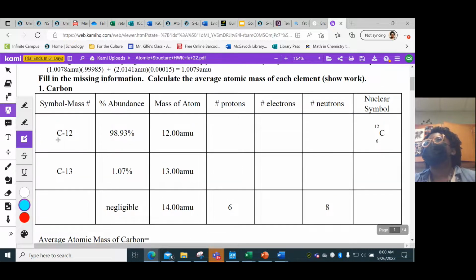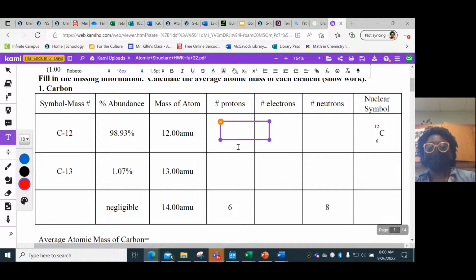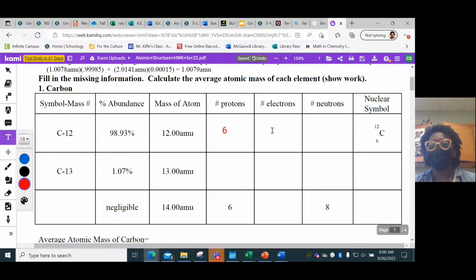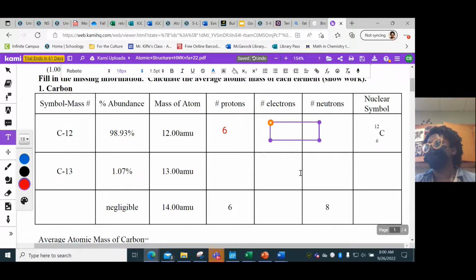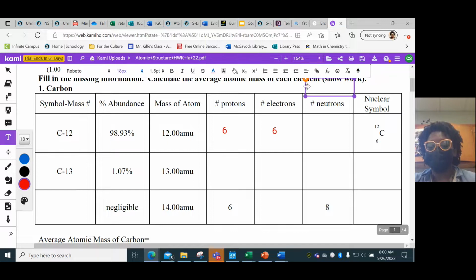All right, this is C12. That being said, how many protons am I going to have? 6. Good. 6. Does this have a charge? No. So how many electrons am I going to have? 6. All right. My mass number is 12. And the way I find the number of neutrons, if you need to write this up here, mass number minus the atomic number equals the number of neutrons.